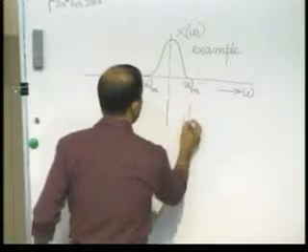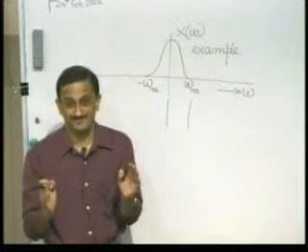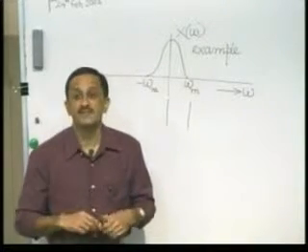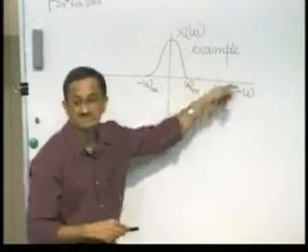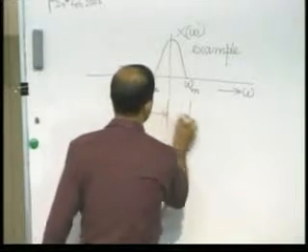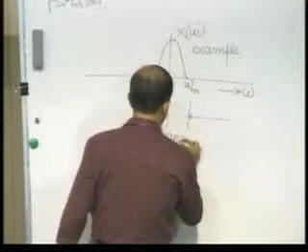By the way, what I've drawn here is an idealized situation. Idealized means it's not really what practical signals have. Practical signals will always have some tail, but we idealize. This is called the bandwidth of the signal.